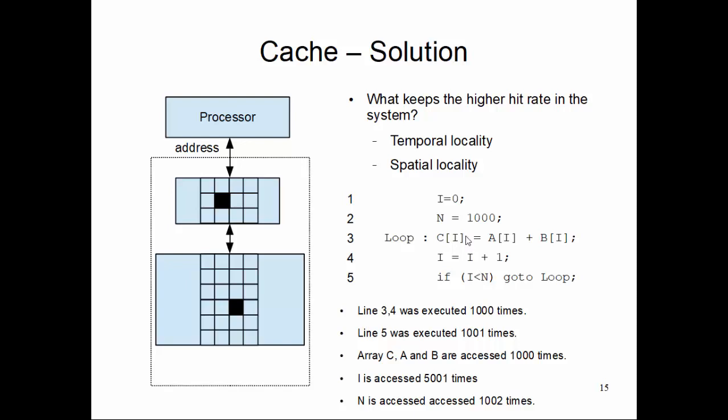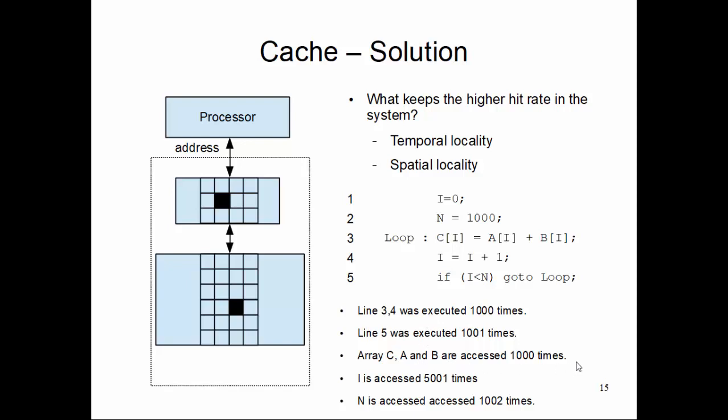So these sets of instructions are going to be accessed over and over again. If they are within the block, once you copy that block, you are fine, and your hit rate is going to be really high. And we are accessing arrays 1000 times, and they are also consecutive areas of memory. So the first two bullet points are covered by temporal locality: you are accessing one instruction, and it is likely you will access that instruction again very soon.